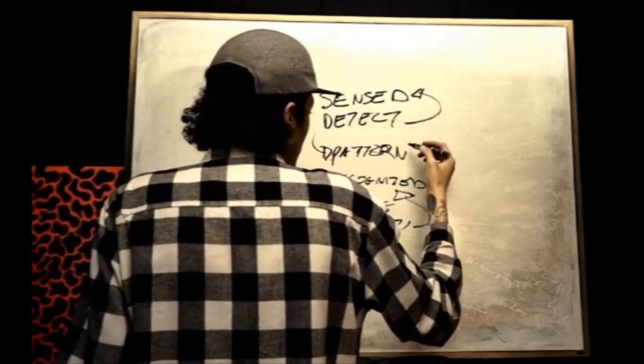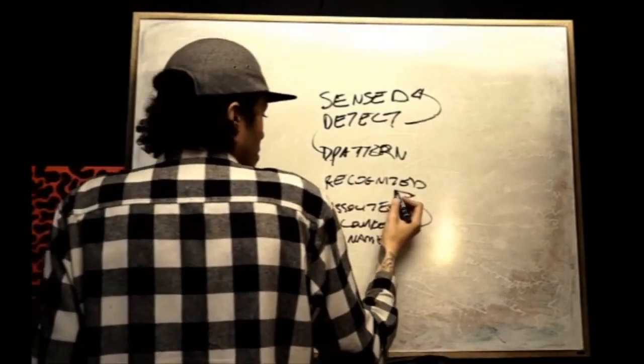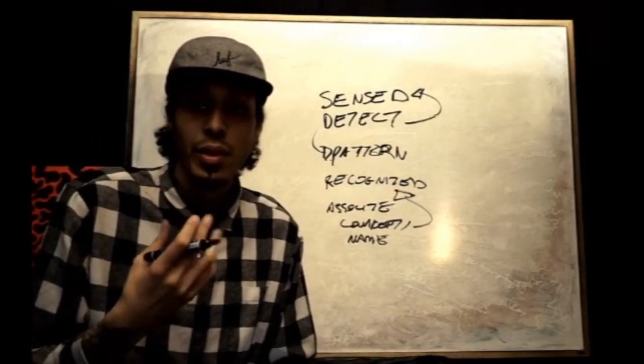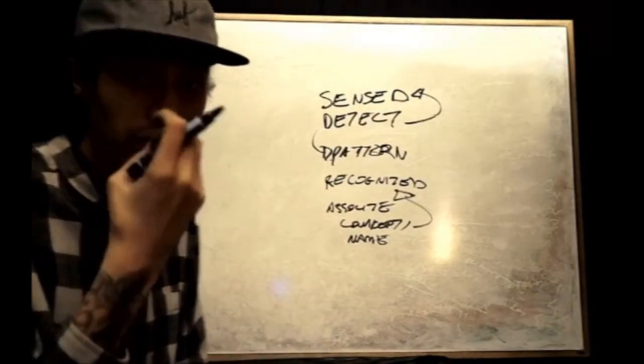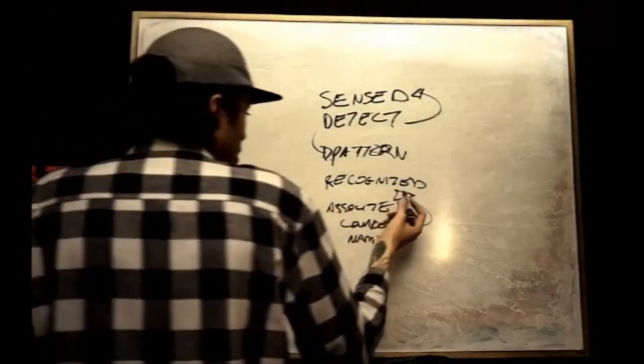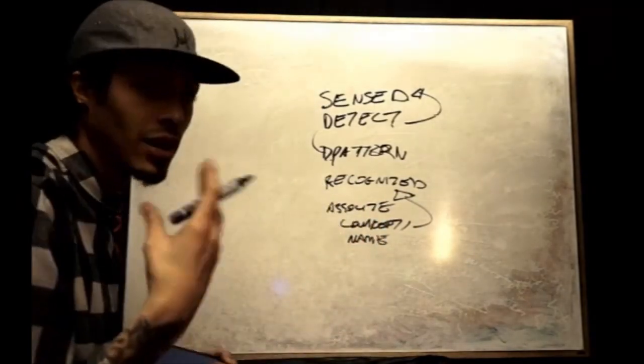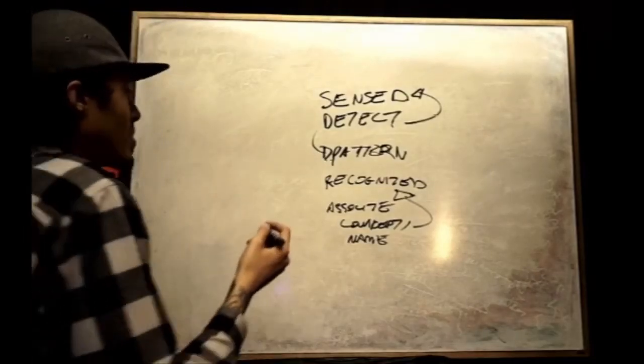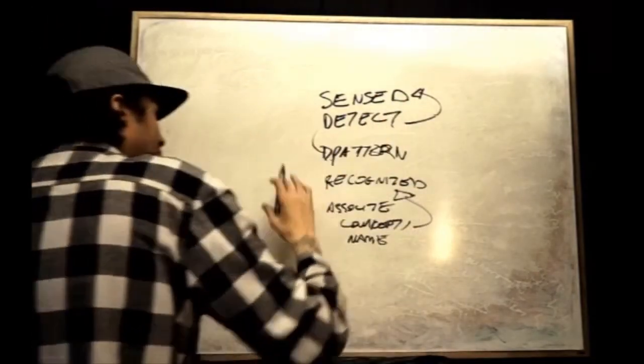Things can be distorted, misunderstood. Then is it recognized? Is the pattern recognized as an actual thing, something that you can actually turn into a word? And if it is, can you associate the right concept or word to that thing?